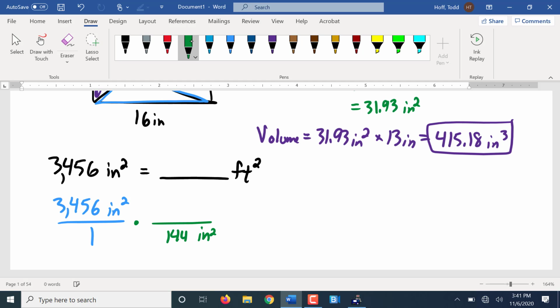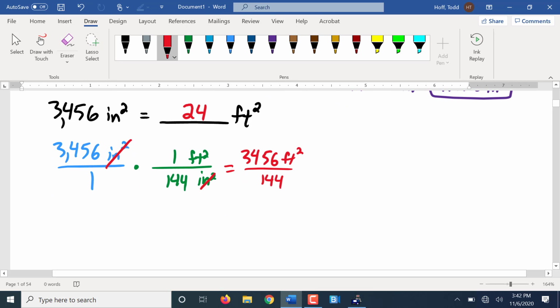There we go, 144 square inches in 1 square foot. So 3,456 divided by 144 gives us 24. So it's 24 square feet.